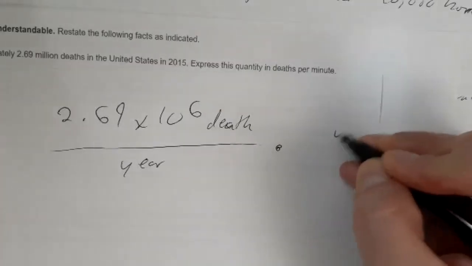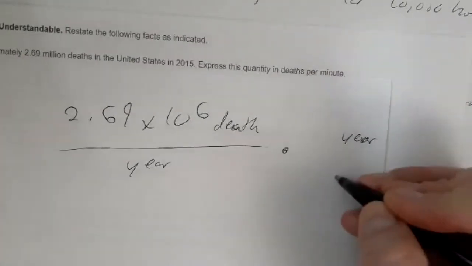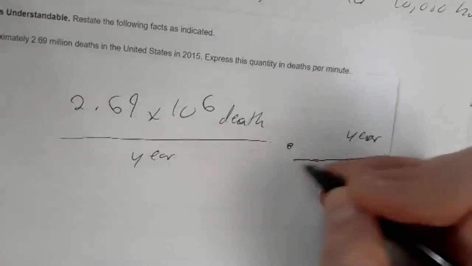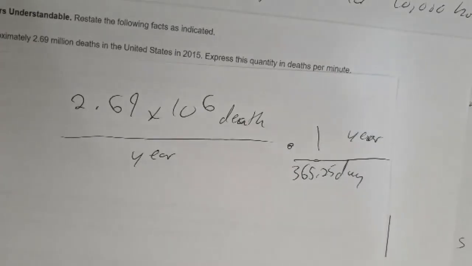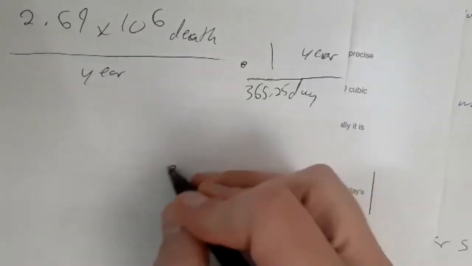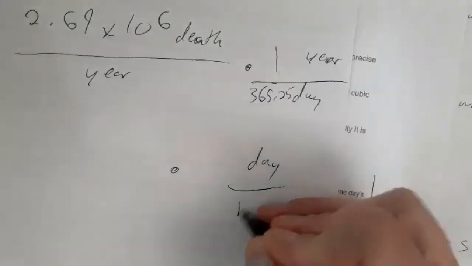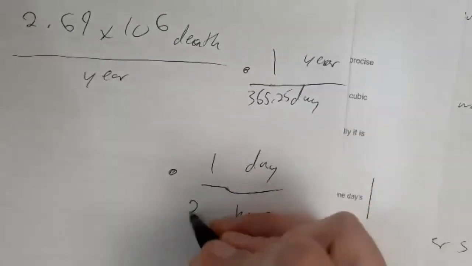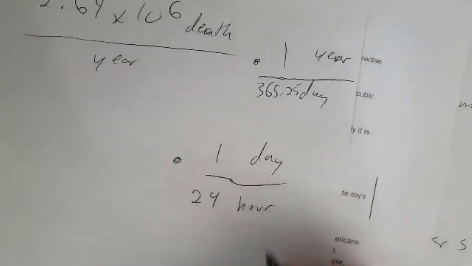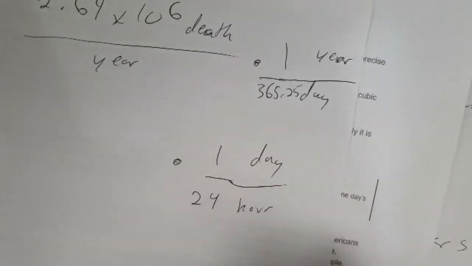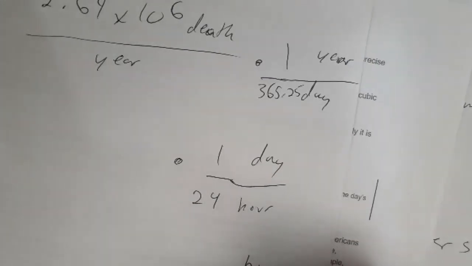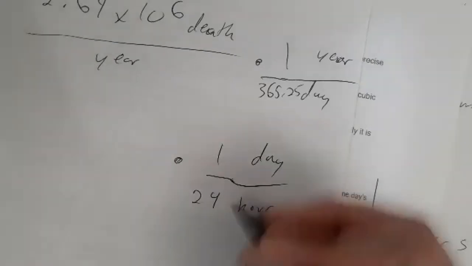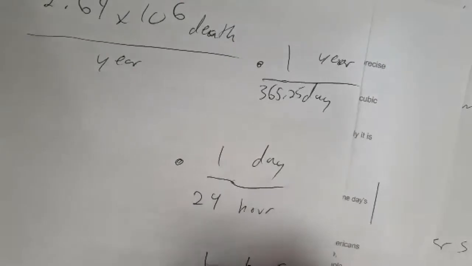We want to express this in minutes, so we need to go from years to days, from days to hours, where 1 day is 24 hours, and then the last thing is hours to minutes. 1 hour is 60 minutes.